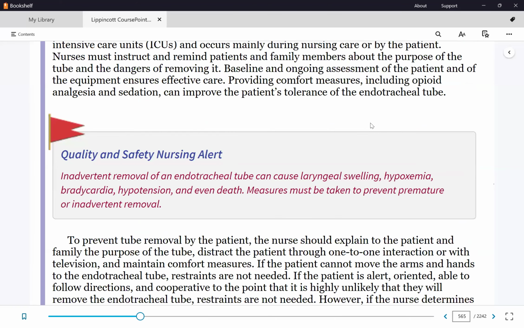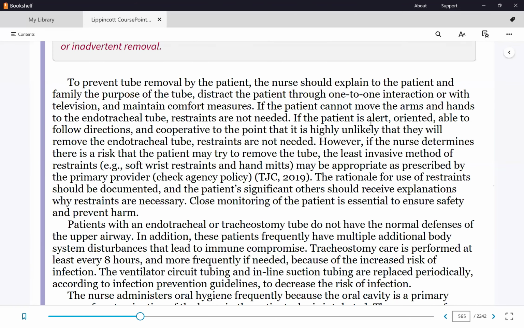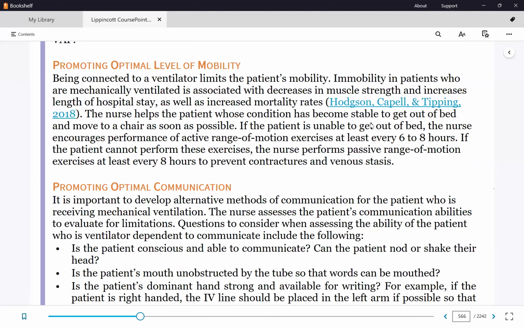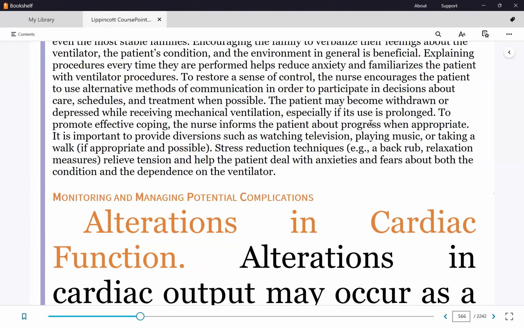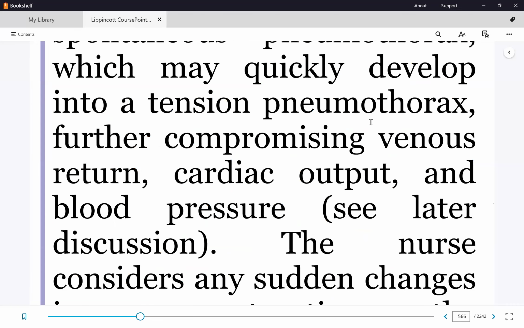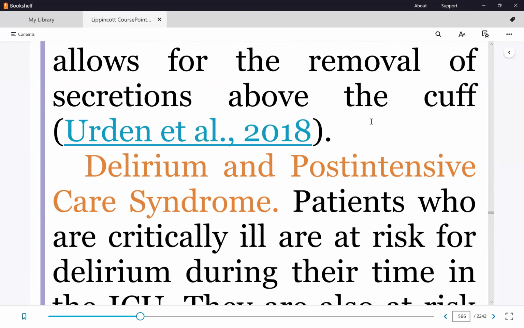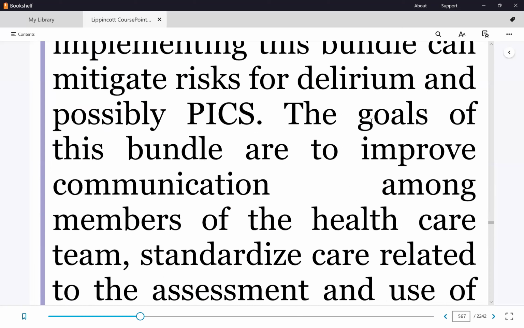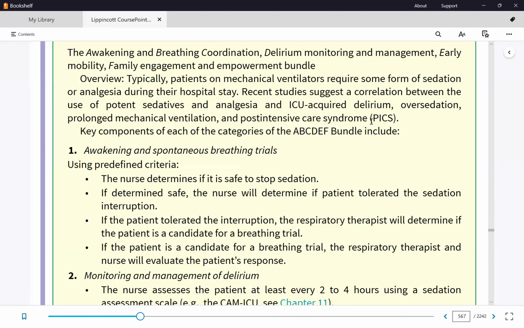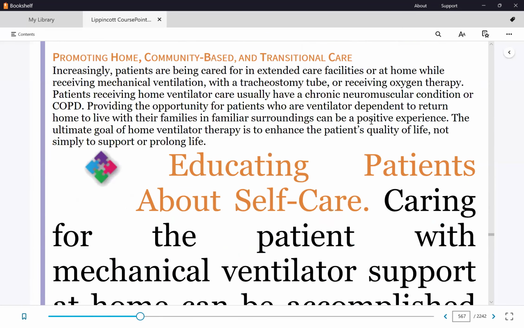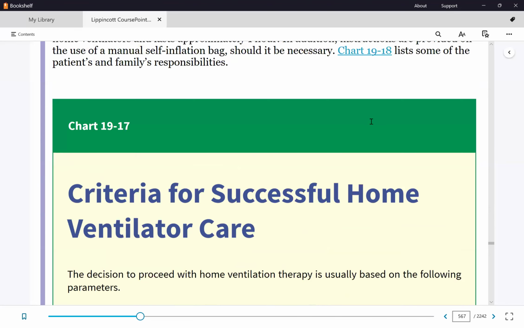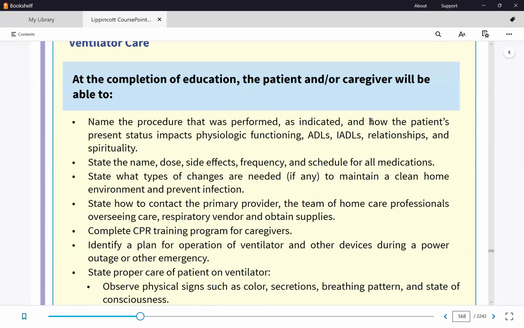Okay, so for our, I'm just looking for the VAP bundle. VAP, yeah, ventilator-associated pneumonia. That's in extubation. That's home.